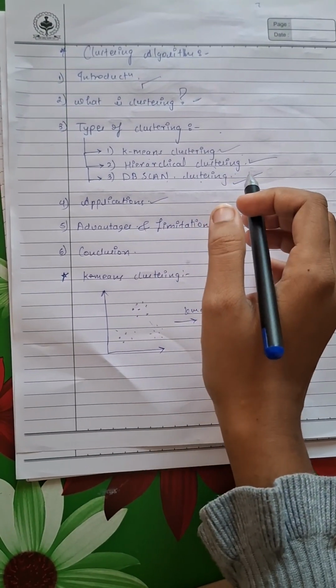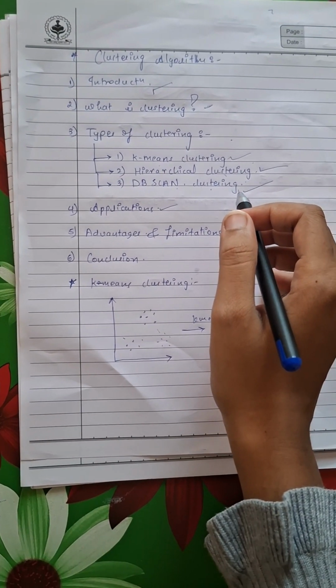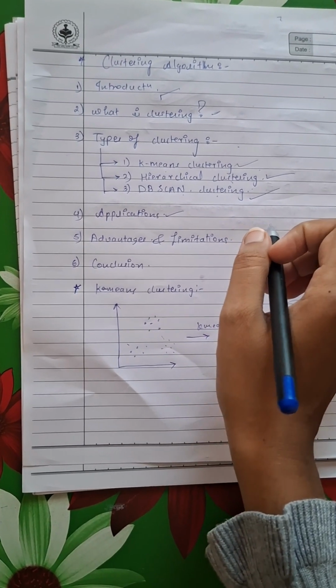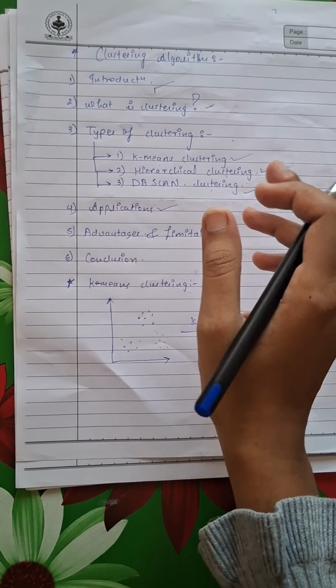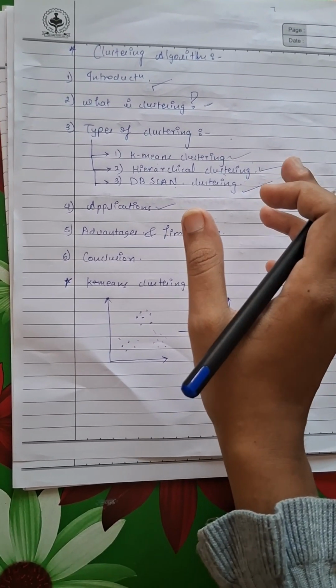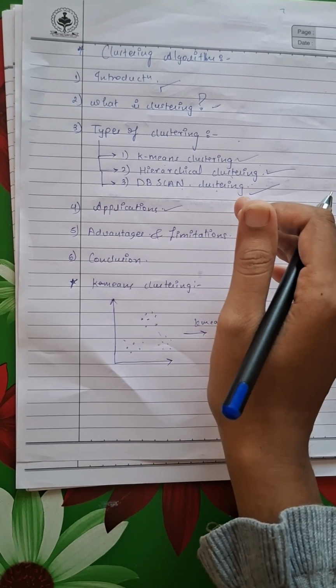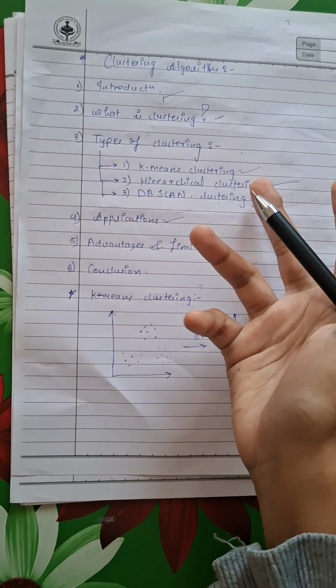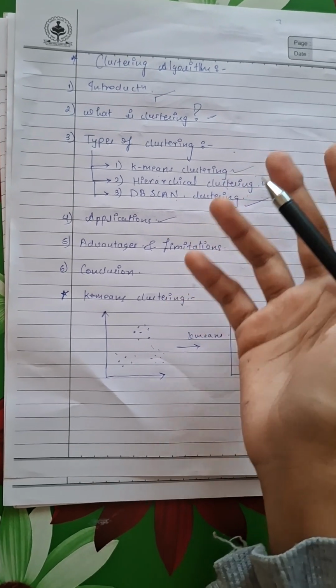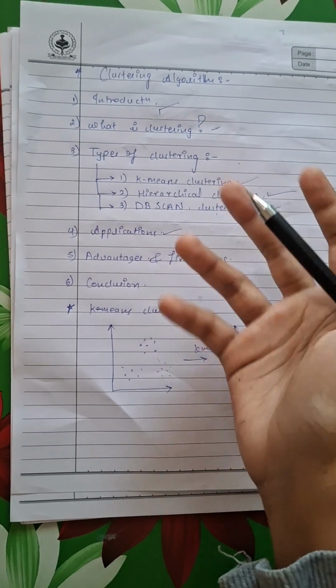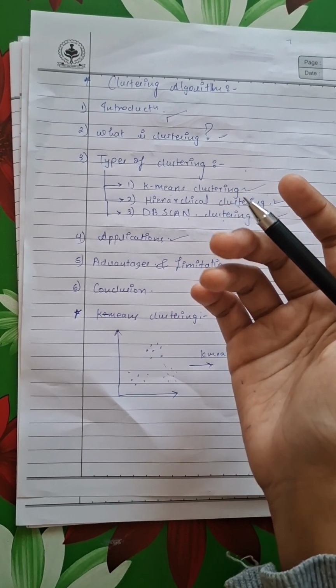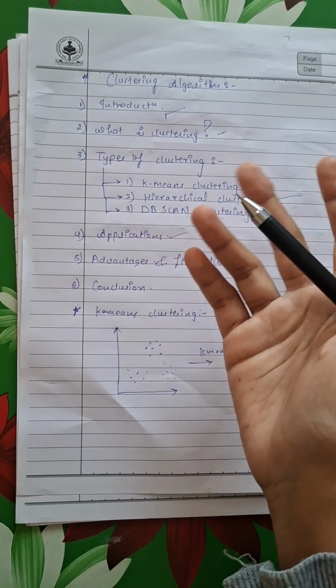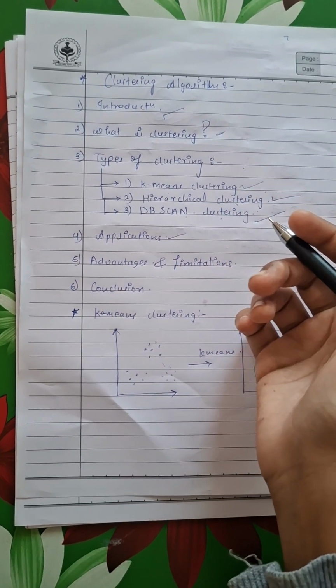There are different applications of clustering algorithms. First is customer segmentation. For example, Amazon shows product recommendations based on customer clusters. The second is biological data analysis, and the third is image segmentation. So these were three examples of applications of clustering algorithms.